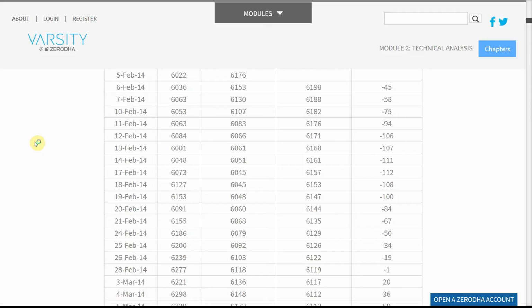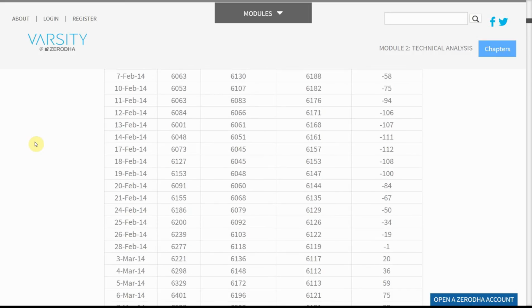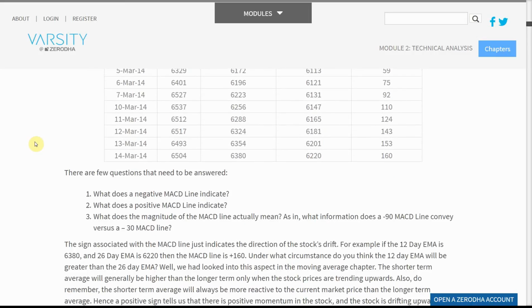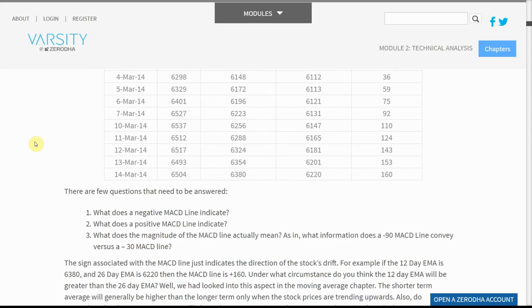The 3rd of March 14 6221 6136 6117 20. The 4th of March 14 6298 6148 6112 36. The 5th of March 14 6329 6172 611359. The 6th of March 14 6401 6196 6121 75.